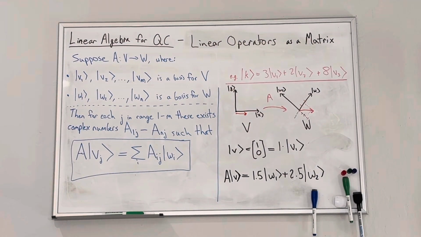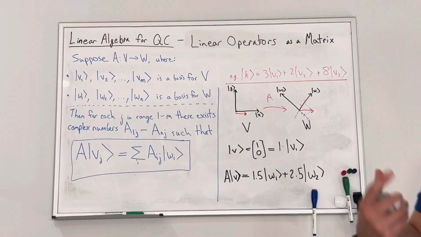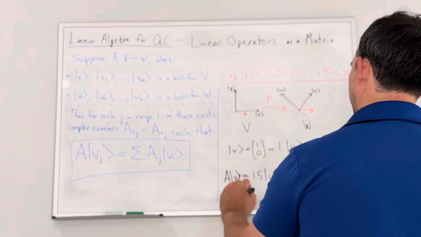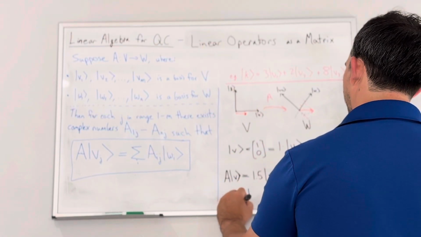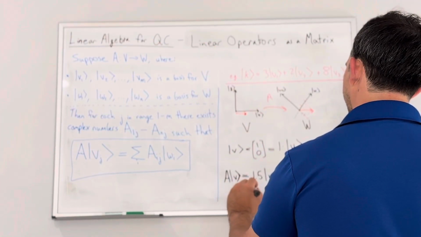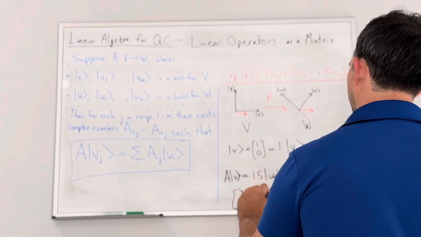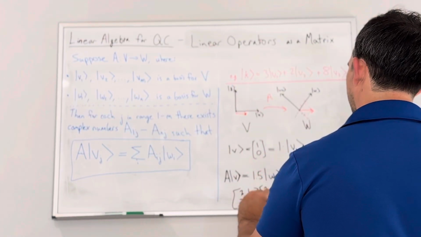In general, there is a set of numbers that I can arrange in a matrix. I'll just make some numbers up. Let's say 2, 1, 3, 8, acting on a vector 2, 2.